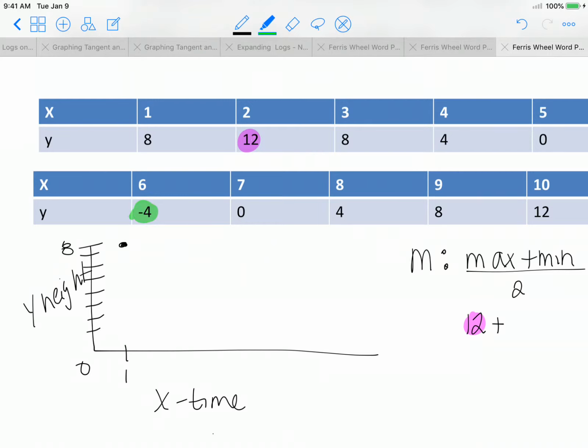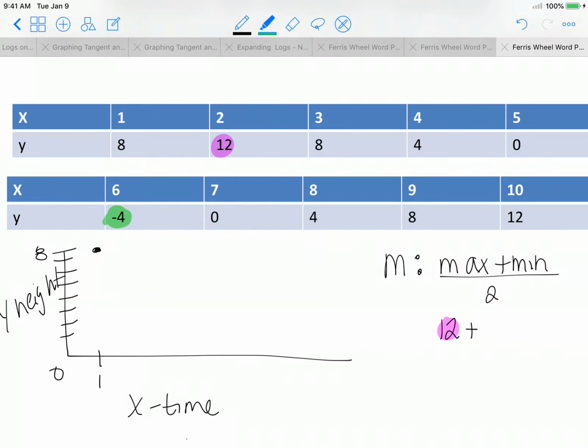I don't know if the table makes sense. I wonder if that's supposed to be a +4. Let's look. 8, then 12, then 8, then 4, then 0, -4, 0, 4, 8, 12.